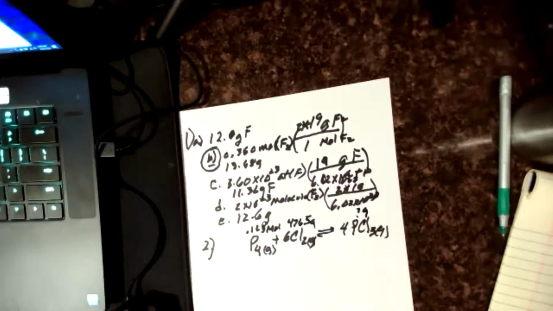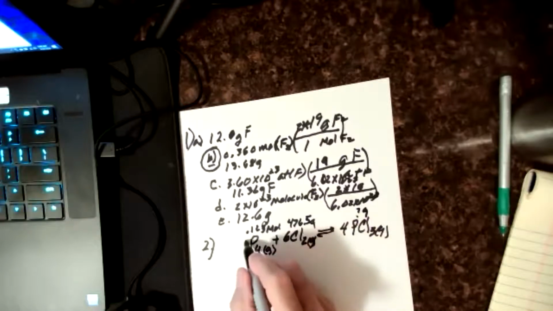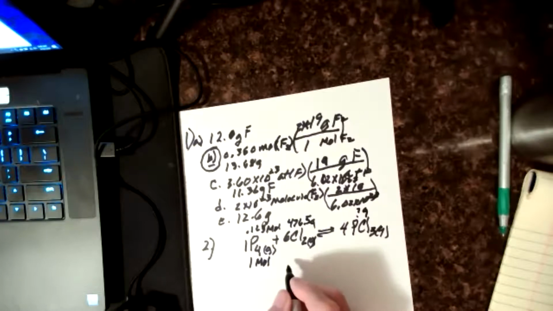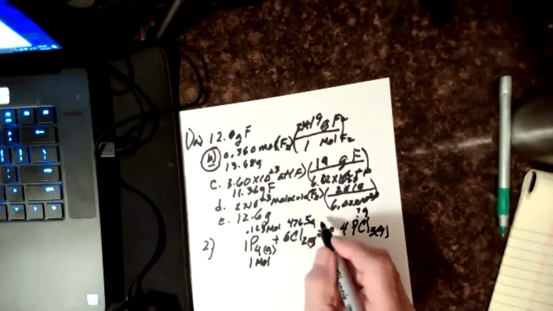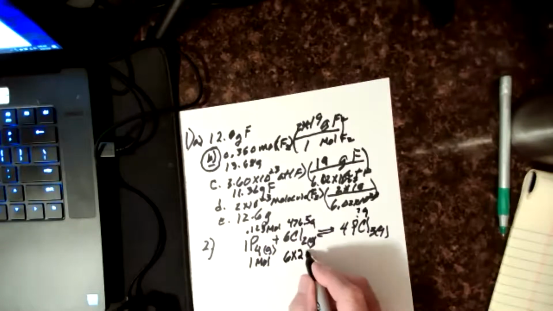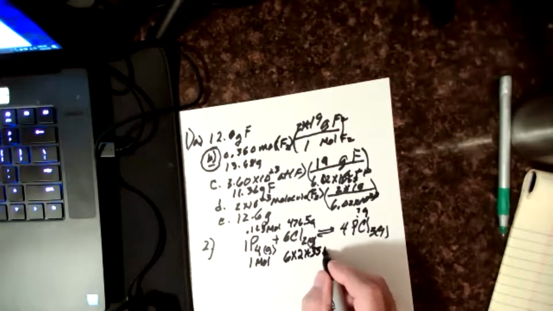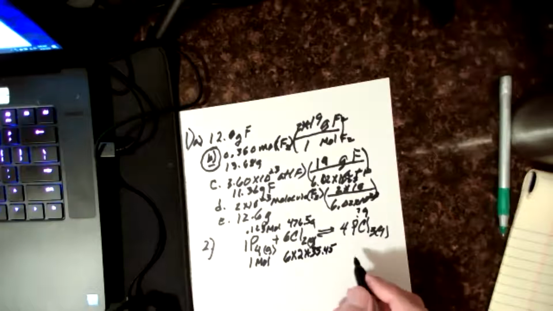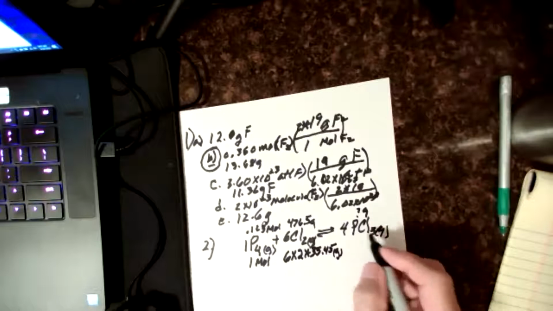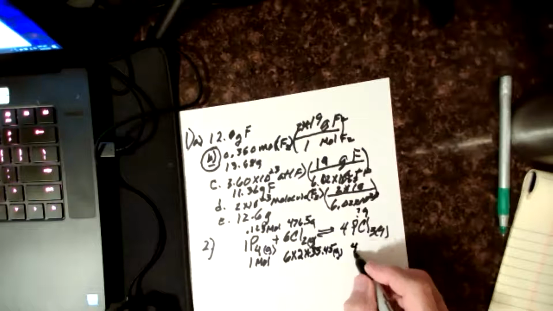Okay. Since this is in moles, the equation is showing 1 mole, so I don't have to do any calculations there. But this is in grams, and the equation is showing 6 moles. Each mole has 2 chlorine atoms, and the atomic weight of chlorine is 35.45. And that'll be in grams then. And then this compound, we want grams, so I need 4 moles.